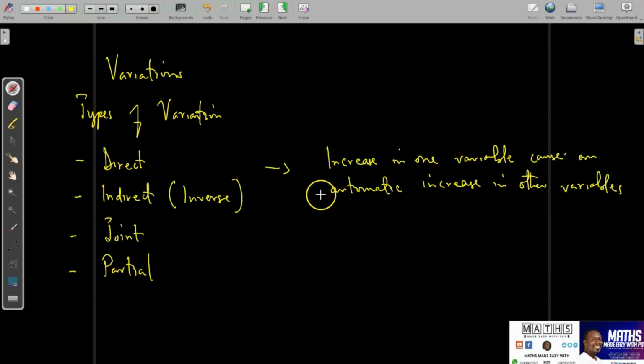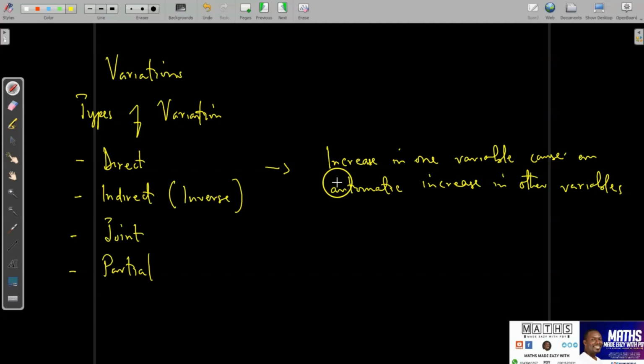Now, a specific example is that when there's an increase in fuel prices, automatically there's going to be a corresponding increase in the fare of transport. And I believe you've been observing that whenever they increase the price of fuel or gas, you realize that the transport fares actually does what?